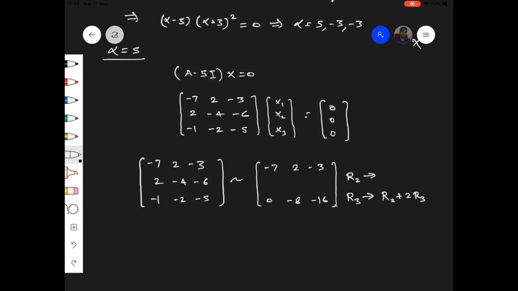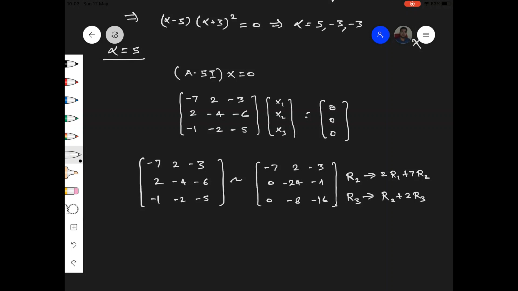And now we'll use the row operation for the second row. It is 2R1 plus 7 times R2, and it is going to change the second row into 0, -24, -48.